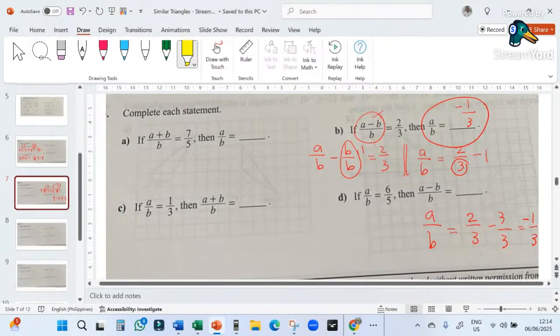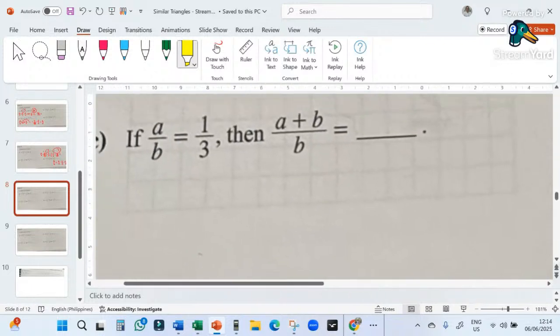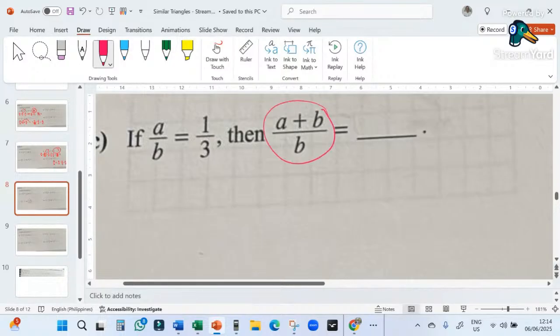We'll move on to letter C this time. So letter C says A over B is equal to 1/3. Then what is A plus B over B? Wow, this is a bit challenging. So again, we have to make a fraction like this. We only have A over B. So let's separate them.